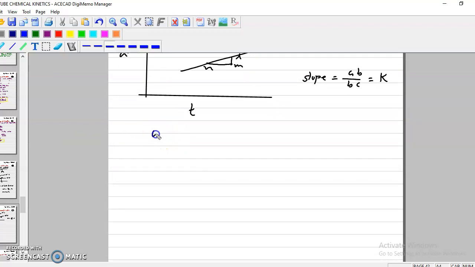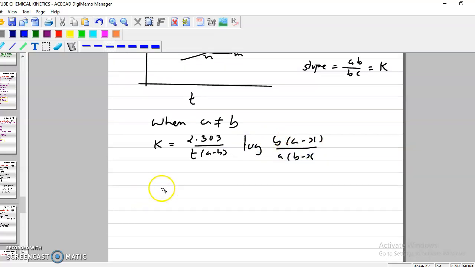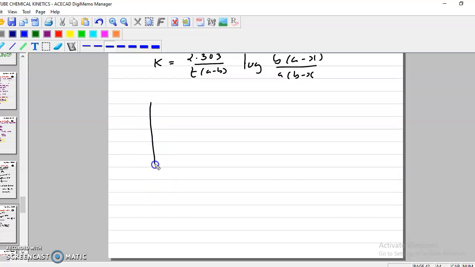But when A is not equal to B, we use the formula k is equal to 2.303 upon t into a minus b log b into a minus x upon a into b minus x. For that we draw a graph, this one, where this is log of a minus x upon b minus x, and this is time t.